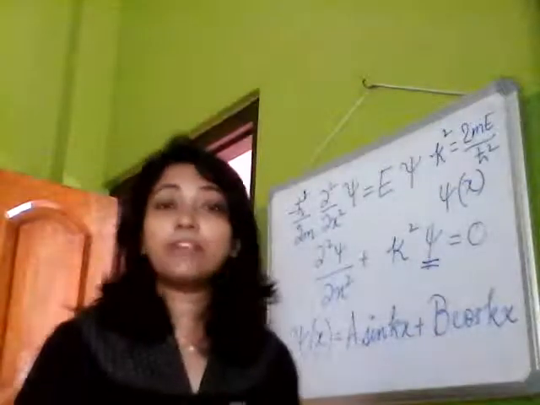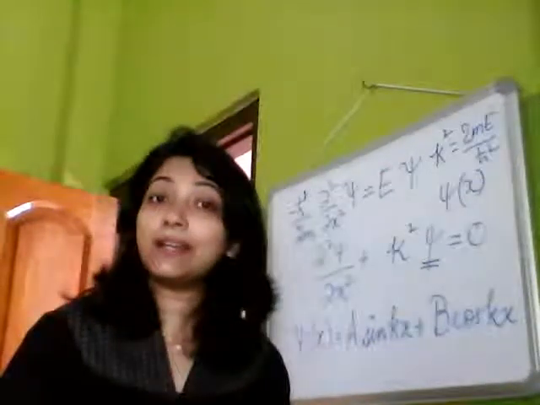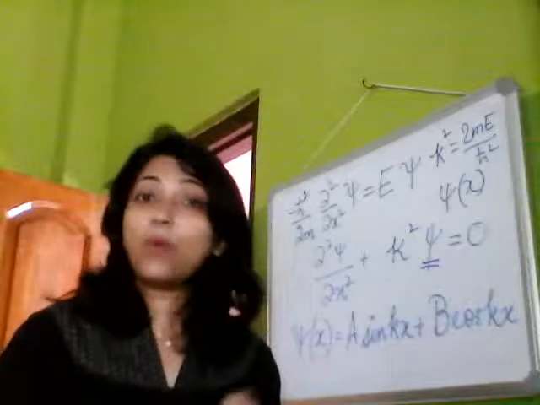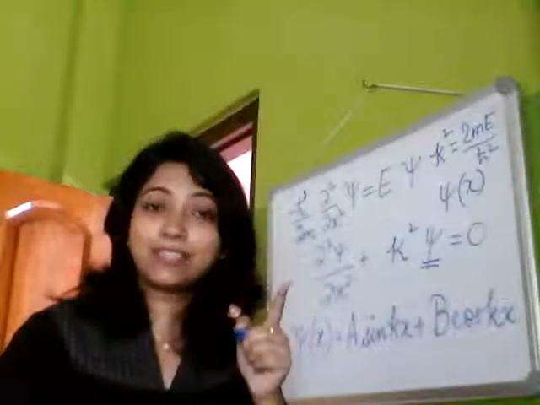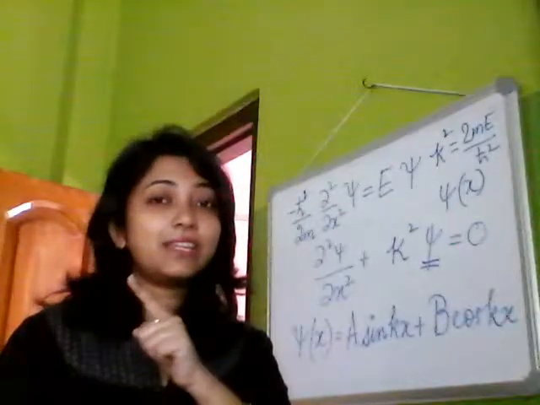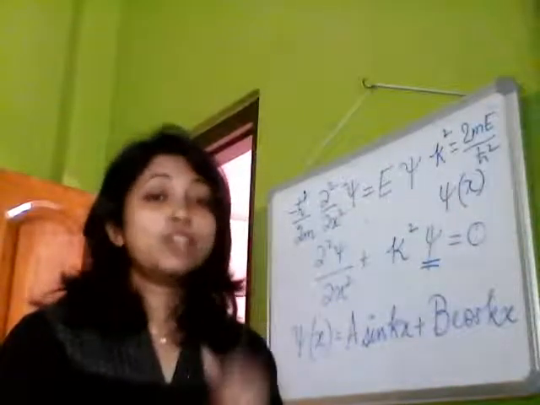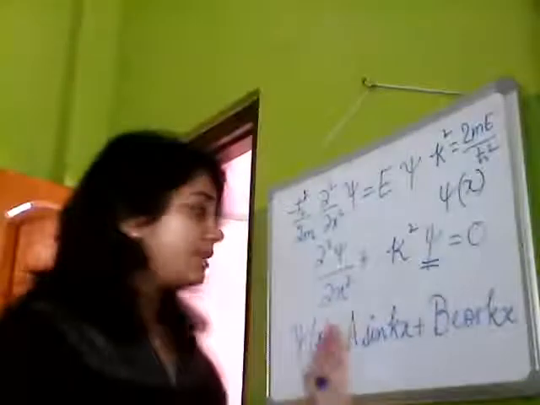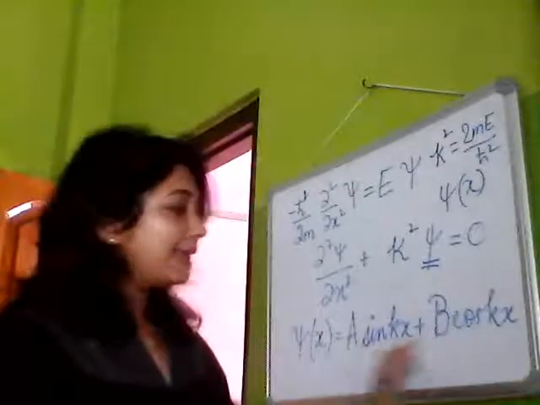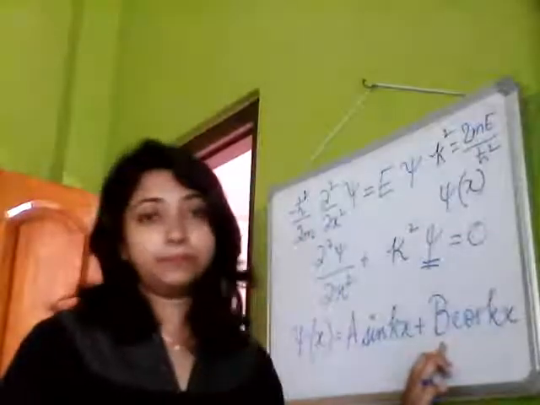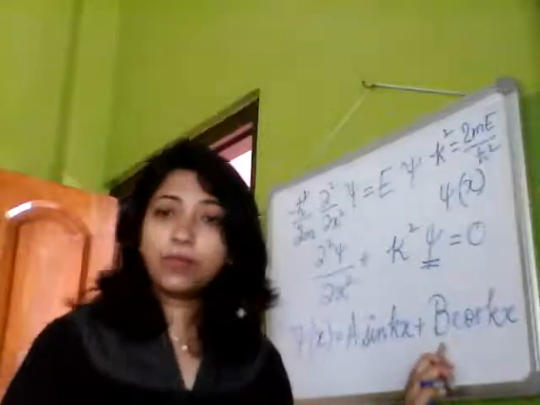This is where we are going to use the boundary conditions. And remember, what is our boundary? One of the boundaries is at x equal to 0 and the other boundary is at x equal to A. Using those conditions, we will get the values of the coefficients capital A and capital B. Fine. So shall we go?